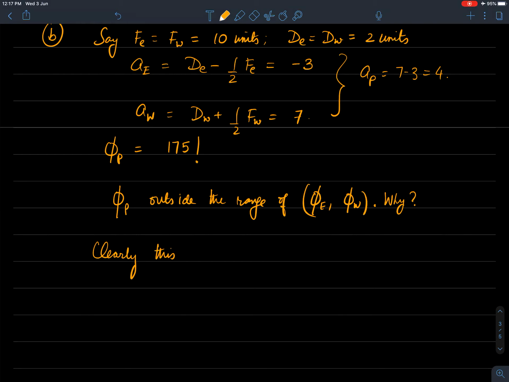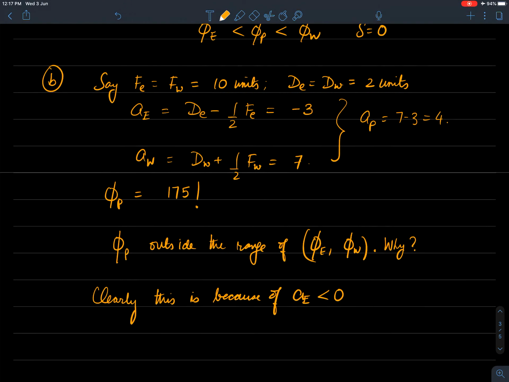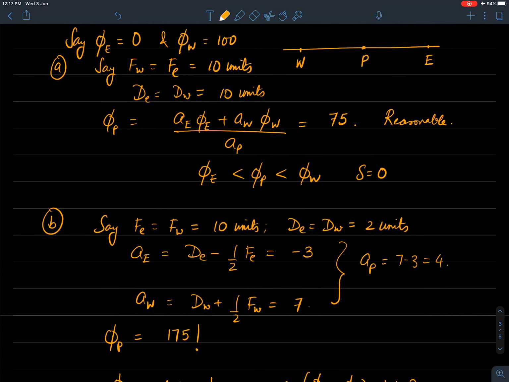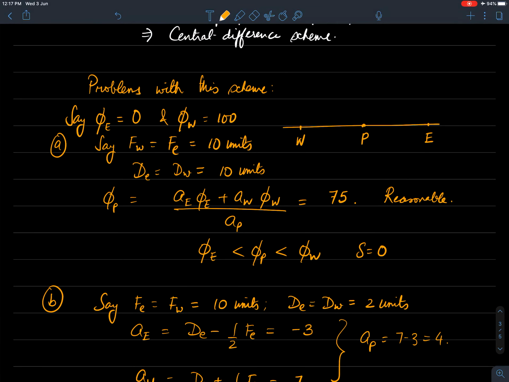So clearly this is because of AE being less than 0. But it should not be taken that it would always be AE that could be negative. In this problem, we have taken FE and FW to be positive.